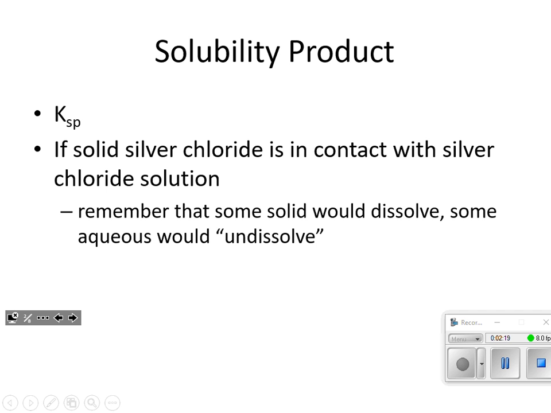What is really happening is what my bullet point is stating. If I keep on adding more solid silver chloride, it's not a matter of that solid won't dissolve. It's more that it's at equilibrium. Some of the solid will dissolve, but as some of it dissolves, some of the dissolved silver chloride would undissolve. So you'd have this back and forth.